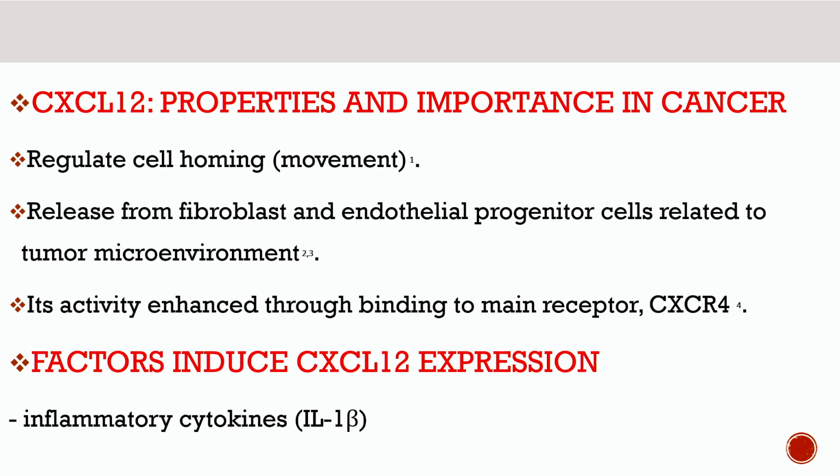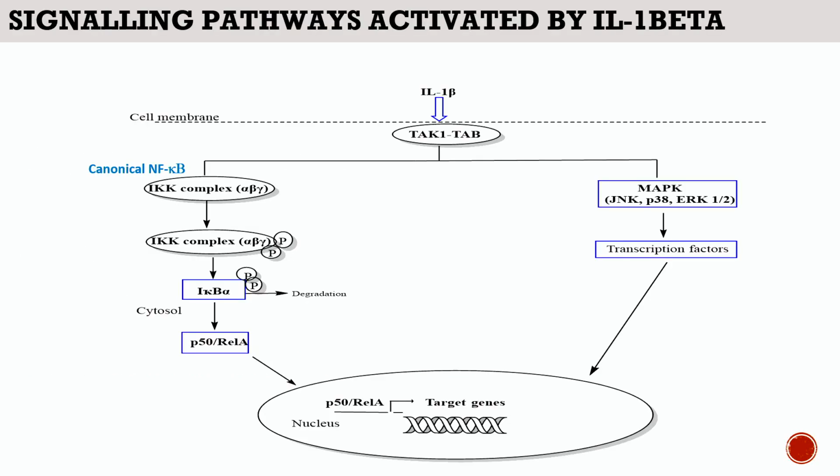The main signaling pathways that are regulated by IL-1 beta, as we can see in this slide: on the left-hand side, IL-1 beta activates the canonical NF-kappa-B pathway through the IKK complex, with phosphorylation of the IKK complex by alpha, beta, and gamma, and also activates the main component IkB alpha.